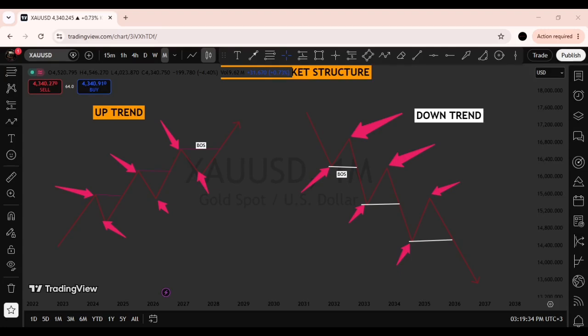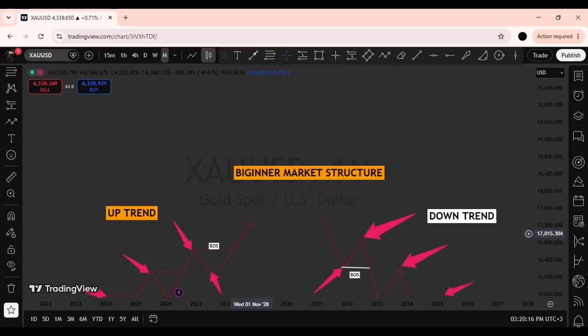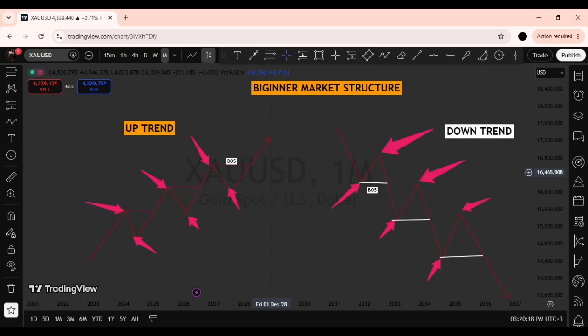So I've only invited one person. Okay, so in a beginner market structure, even gamblers make money. Why do gamblers make money in trading? That's why most people say trading is gambling, because even someone who has just come into trading can make money within 2 days, within 1 month, and that person is going to be called a profitable trader.